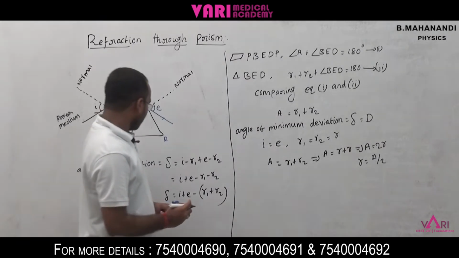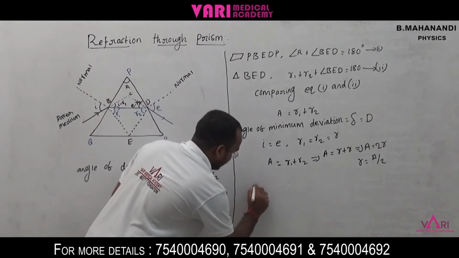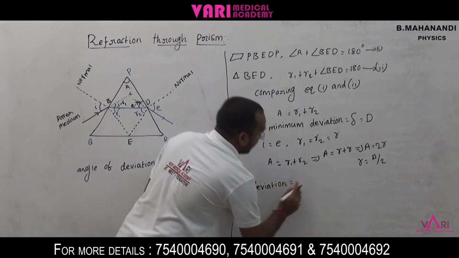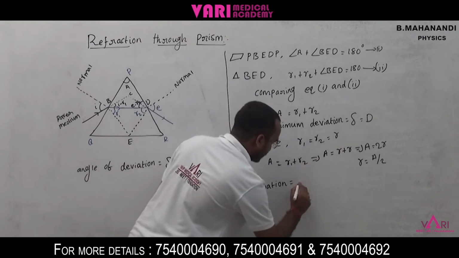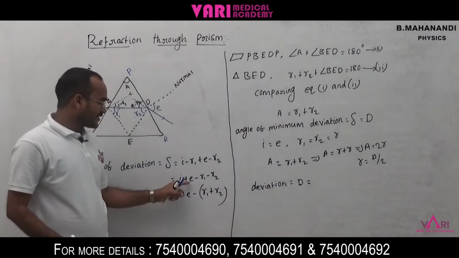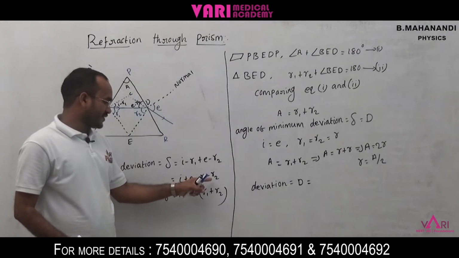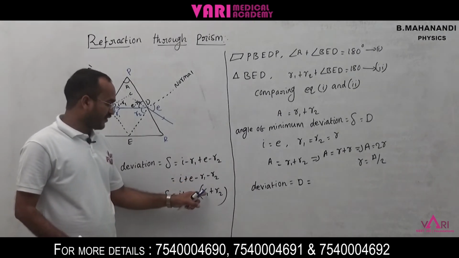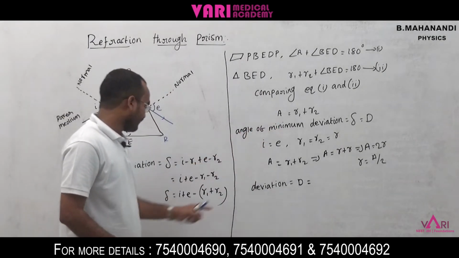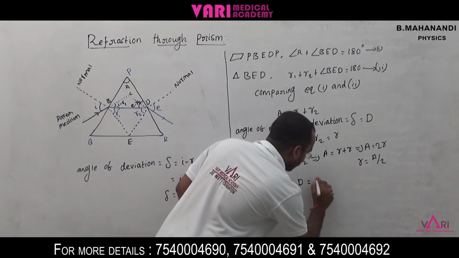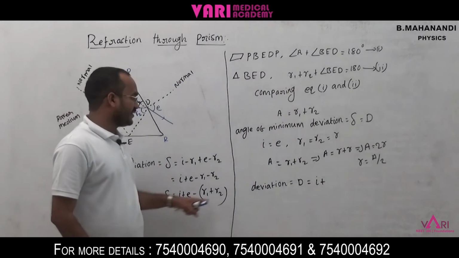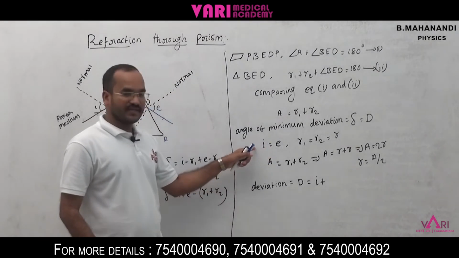Now, what is the deviation? The deviation angle is D equals, what is the formula? D equals i plus e minus (r1 plus r2). r1 plus r2 is called the angle of the prism. Now i and e, the emergent angle is equal to the incident angle.